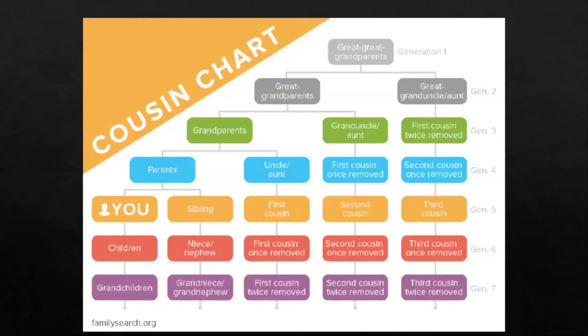This example is one of the most simple ones out there, and it's lovely because it has straightforward color coding. If that helps you sort things, it has generational color coding. Almost all the charts list the generation number on the side, and depending on how far back they go, the generation is going to be different.